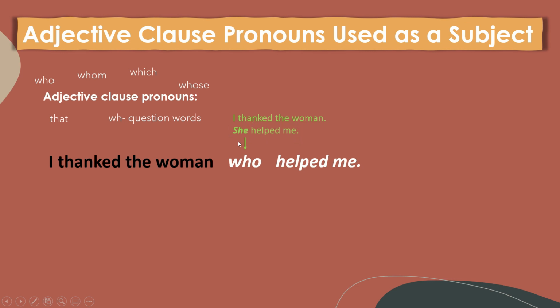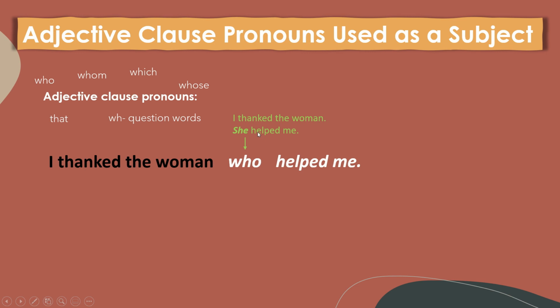Therefore, when this is combined with the other sentence, who as the pronoun is used because this one modifies the subject of the sentence. The sentence that I mean is not this sentence, but the original sentence.